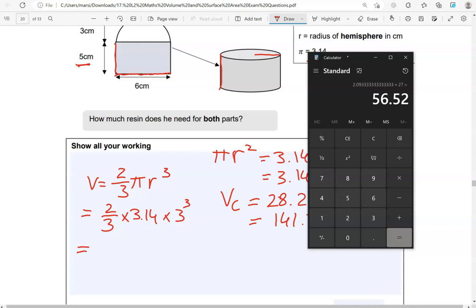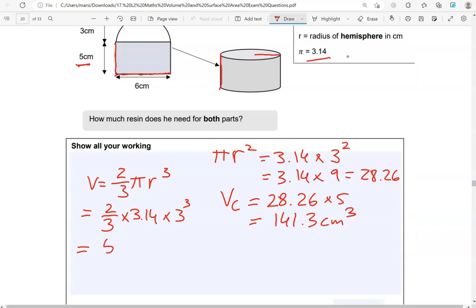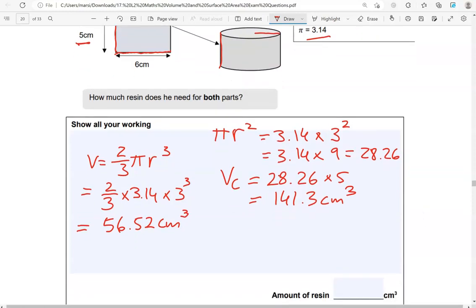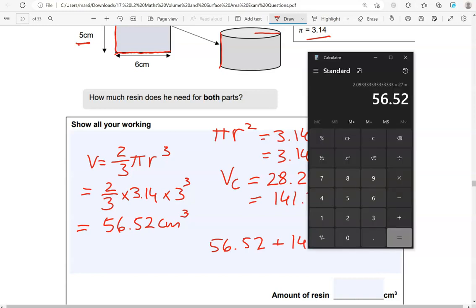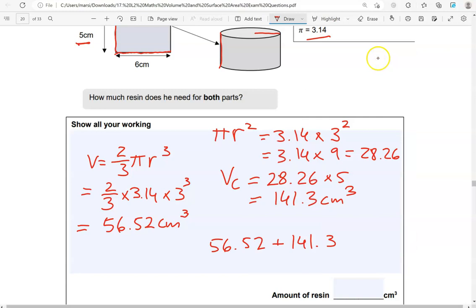So that gives 56.52 cubic centimeters. So altogether that will be 56.52 plus 141.3, which is 197.82.